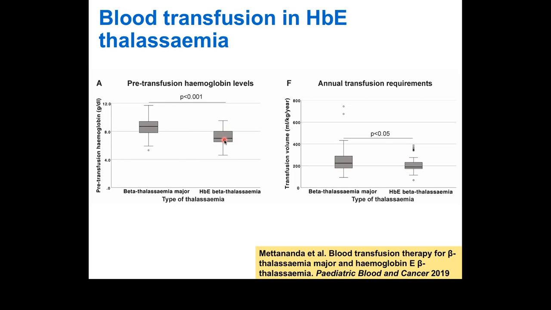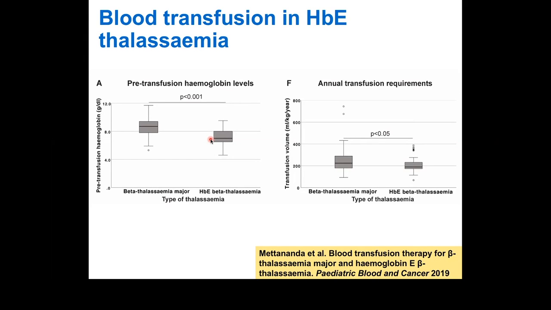So what's happening in the country, in thalassemia major patients, we will maintain a pre-transfusion hemoglobin above 9 and maybe transfuse up to 14 monthly. When it comes to hemoglobin E thalassemia patients, you assume that they can tolerate a lower hemoglobin and you allow the hemoglobin to drop to maybe 6 or 7 and then still transfuse monthly up to about 11 or 12.